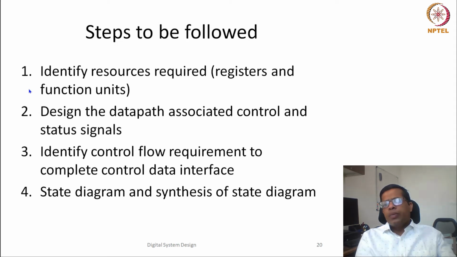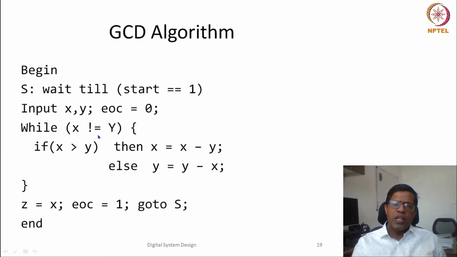And then we'll make an overall data path. Overall data path means that here we see what all operations and what all resources would be required. We would require a comparison operation, and we would require a subtraction operation, and we need to read from the register, we need to write to the register. So that's the overall operations.